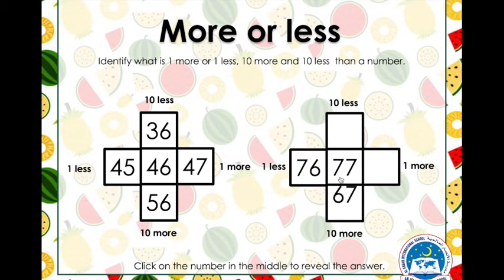If you've guessed that the number 67 will be 10 less than 77, amazing. 78 will be 1 more than 77, and 87 is 10 more than 77.